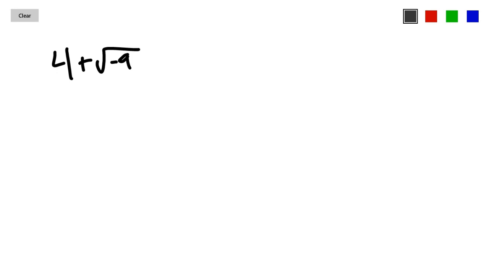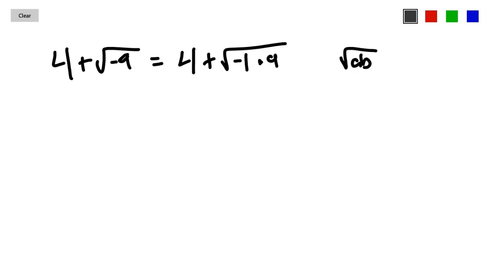So we can rewrite this number as 4 plus the square root of -1 times 9. Remember that rule: if I have a product of two numbers inside the root, I can rewrite it as the product of the roots.